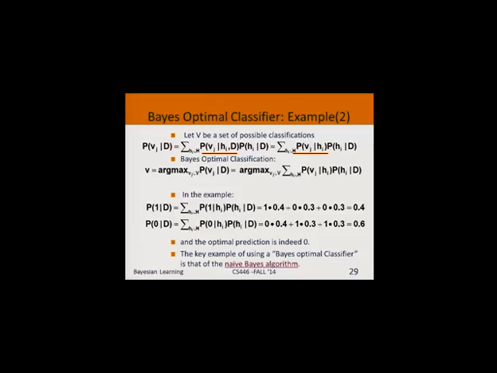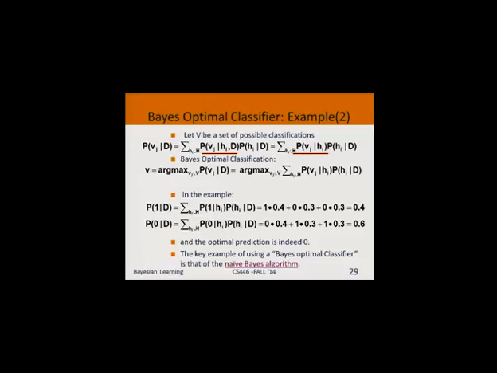Let's assume that V is the set of all possible classifications now. Now I'm being Bayesian about the predictions. So I'm looking for the probability of the prediction given the data. And I'm using the total probability formula. Another way of saying it, I'm marginalizing over all possible hypotheses. Before, I committed to a hypothesis. Now I'm marginalizing over all of these.